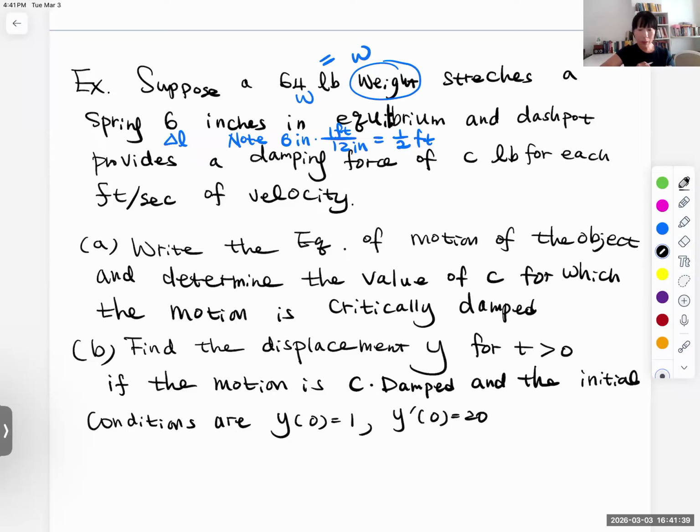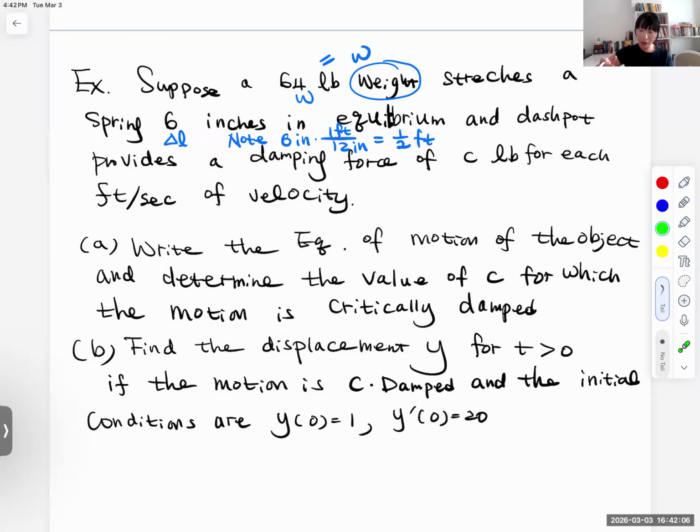And a dashpot provides a damping force of c pounds for each foot per second of velocity, right? Now the first question says write the equation. And then we want to find such c pounds so that the motion is critically damped, right?